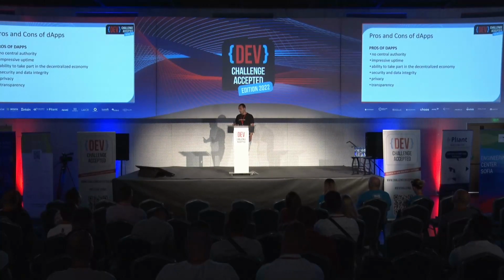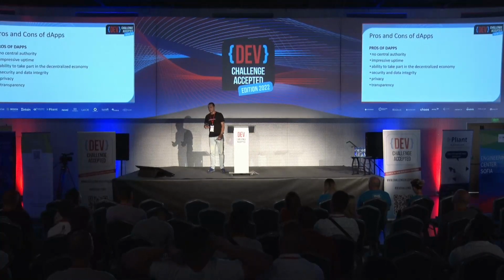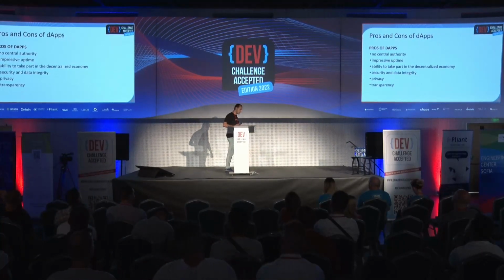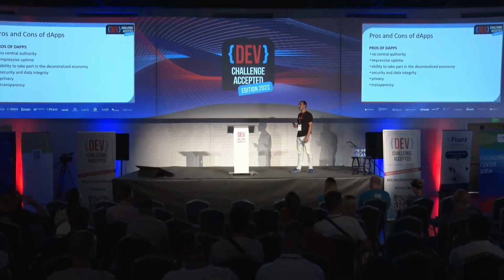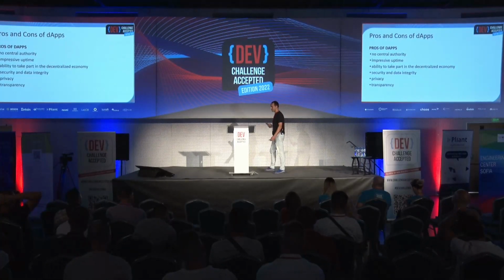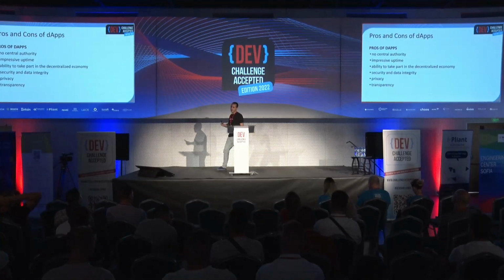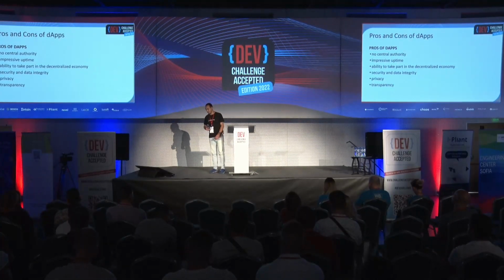Then a lot of the users, or all of them, have the ability to take part in the decentralized economy. They do some stuff and get crypto tokens for that, and later they can exchange those tokens for fiat money. Fiat money is the real money that you use every day.